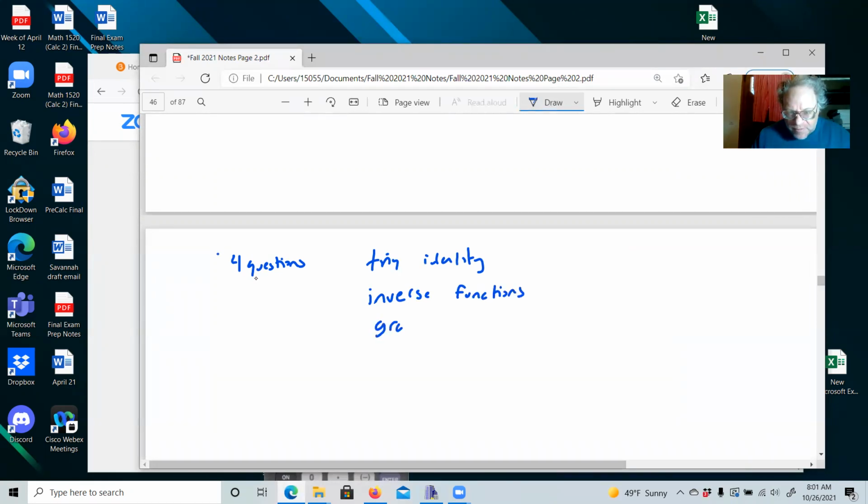There's going to be a graphing section. And this quiz is going to go up to 5.2, up to and including 5.2. So there are sum and difference trig identities or trig questions.